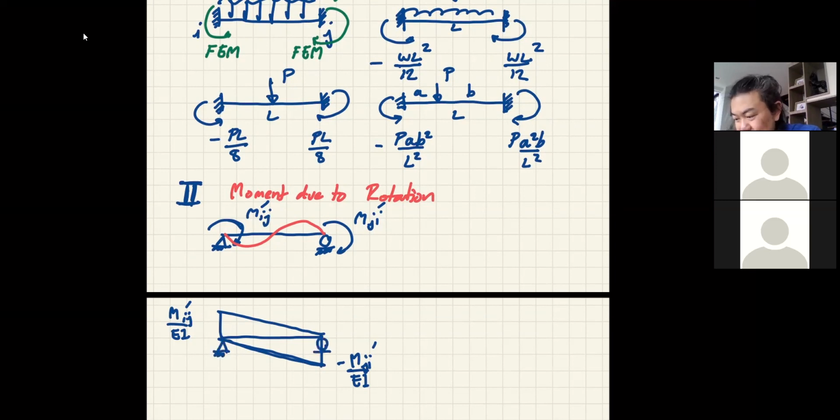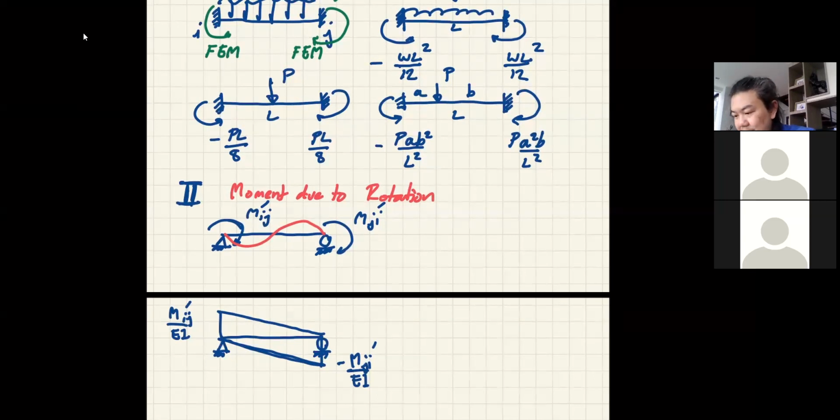But the more important thing is that it says that the rotation of the real beam is equal to the shear of the conjugate beam at that location. The rotation of the actual beam is equal to the shear of the conjugate beam at that location.